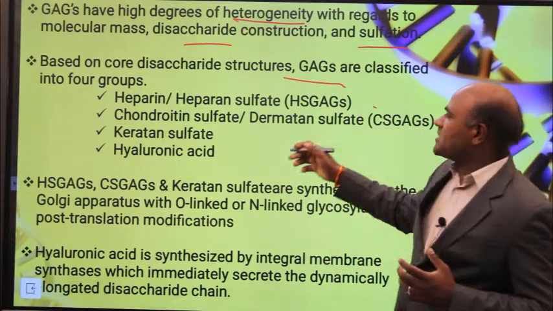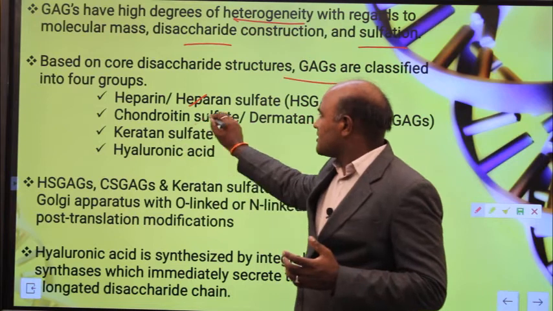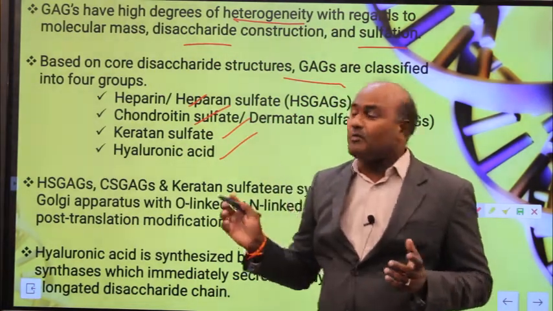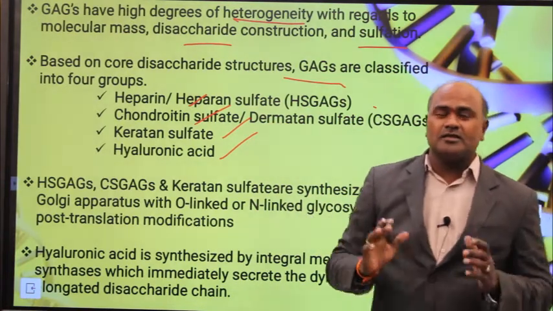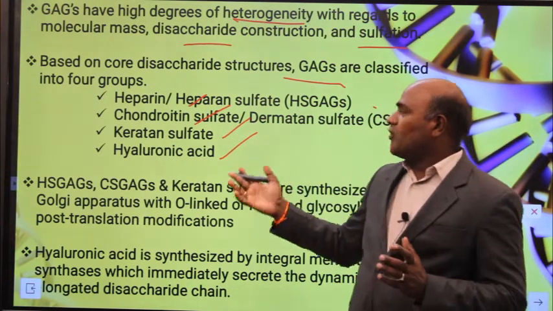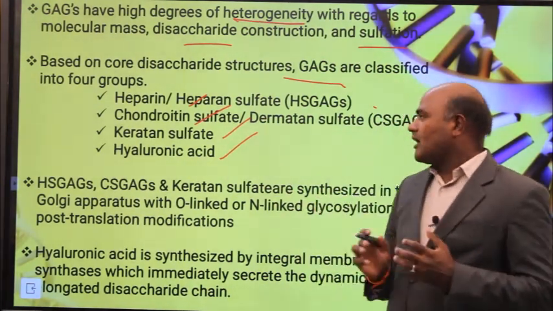So GAGs are classified into four different types: heparin, chondroitin sulfate, keratan sulfate, and hyaluronic acid. These are some of the GAGs.